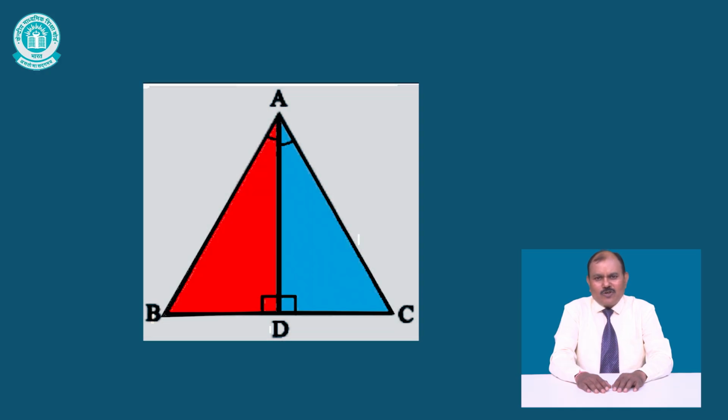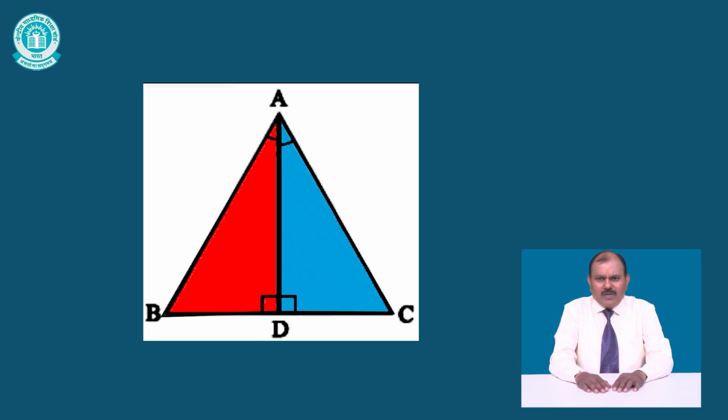Is the converse also true? That is, if two angles of any triangle are equal, can we conclude that the sides opposite to them are also equal? Let us construct a triangle ABC with BC of any length and angle B equals angle C equals 50 degrees.